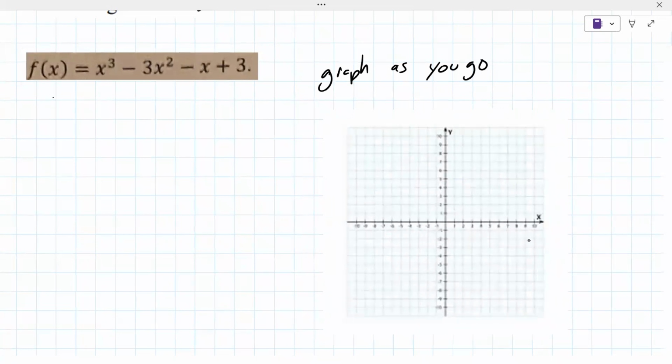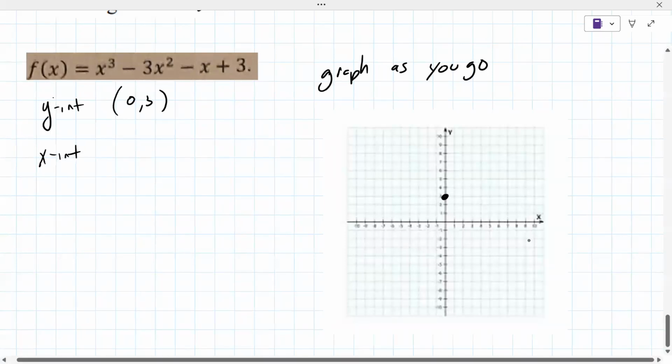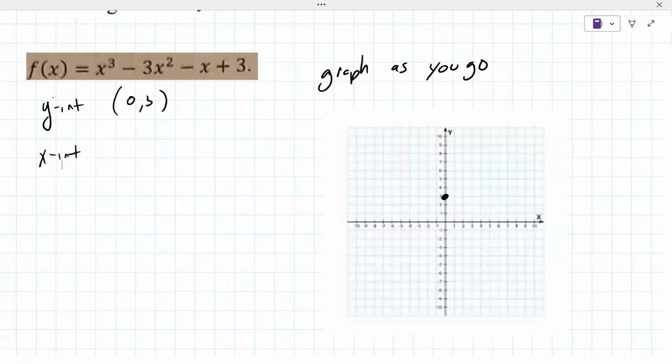The first thing you found was the y-intercept. The y-intercept was (0, 3). Then you put it into factored form, and you ended up getting the x-intercepts. I need to go look.